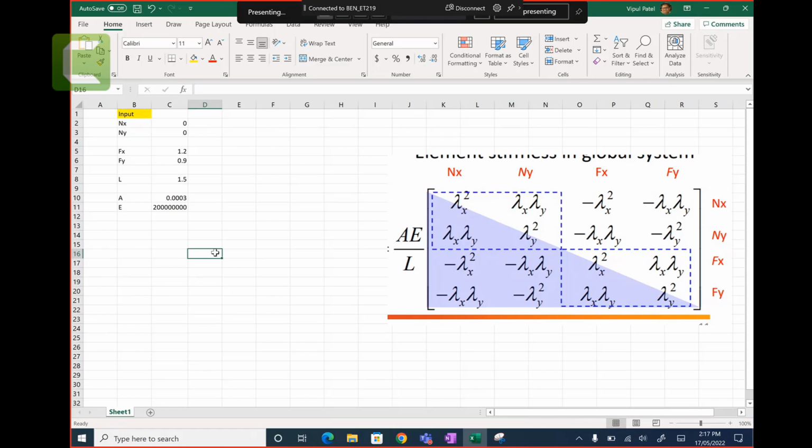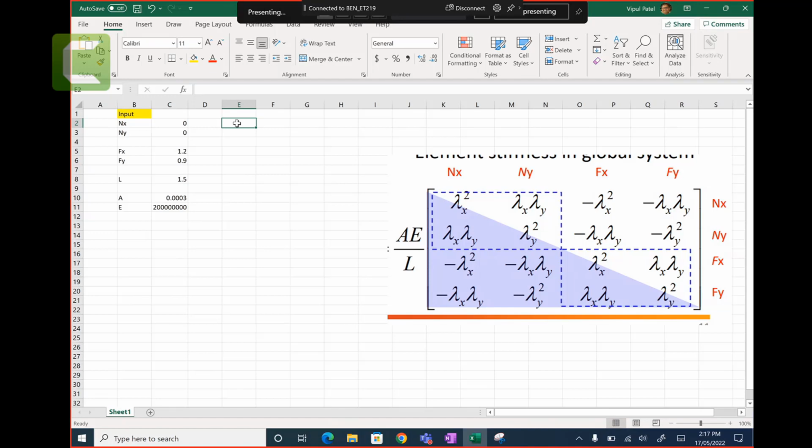Now, once you've done this one, we look at these figures here, and let's say I want to develop the K1. So the lambda. So let's calculate. Okay, now the calculations start here. Let's say this is our input, and calculations.